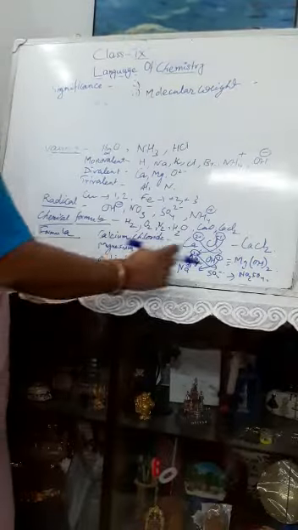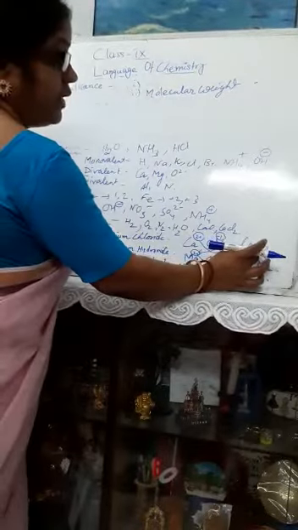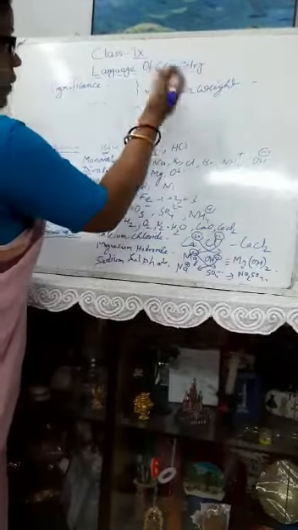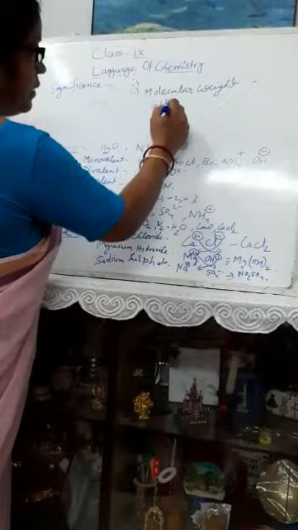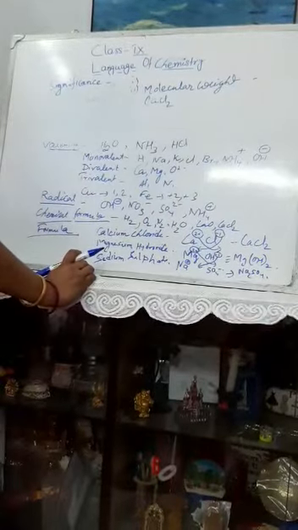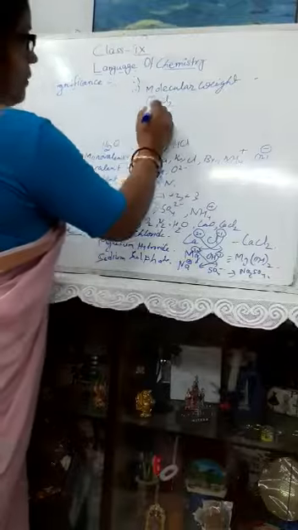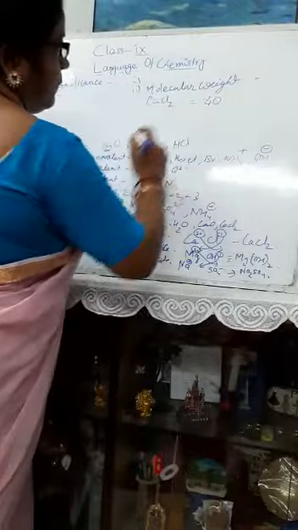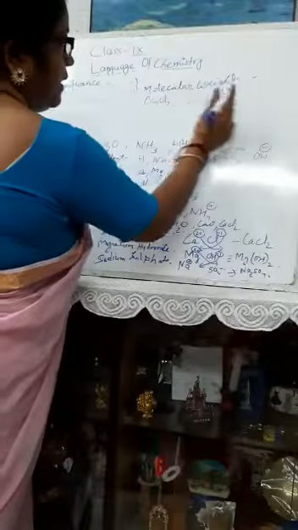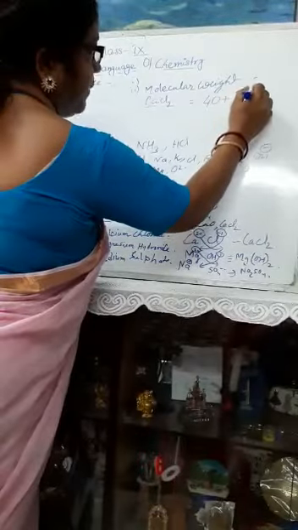Again, you have to remember the atomic weight of the combining elements. Suppose I want to calculate the molecular weight of calcium chloride. You must know the atomic weight of calcium, and this one is 40. And now you have to write the atomic weight of chlorine, and this one is 35.5.